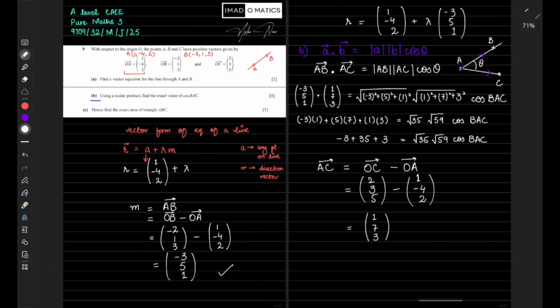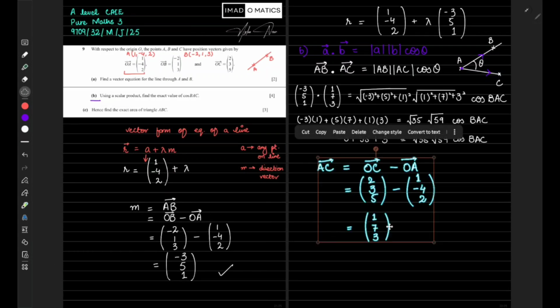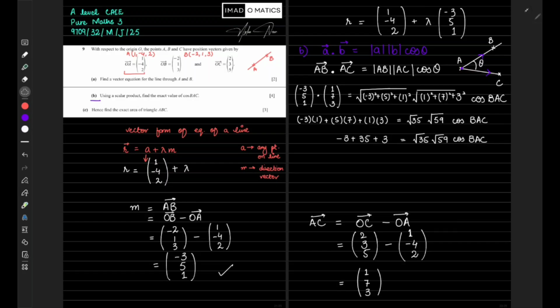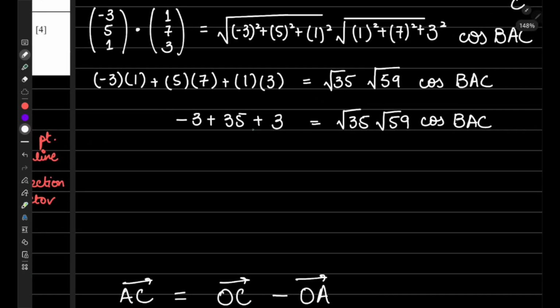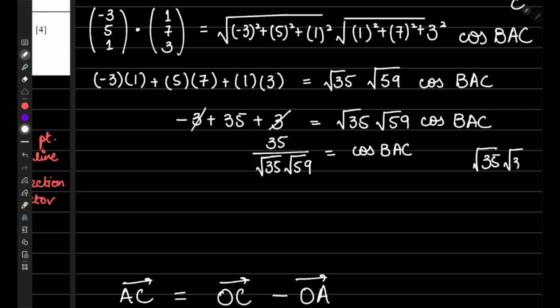What we need to find is the value of cos BAC, so that's pretty easy. We don't need to solve it further to find the angle. So this turns out to be 35 over root 35 root 59, and after solving this, root 35 is actually root 35 times root 35, so it will get cancelled with one root 35 and we are left with just root 35.